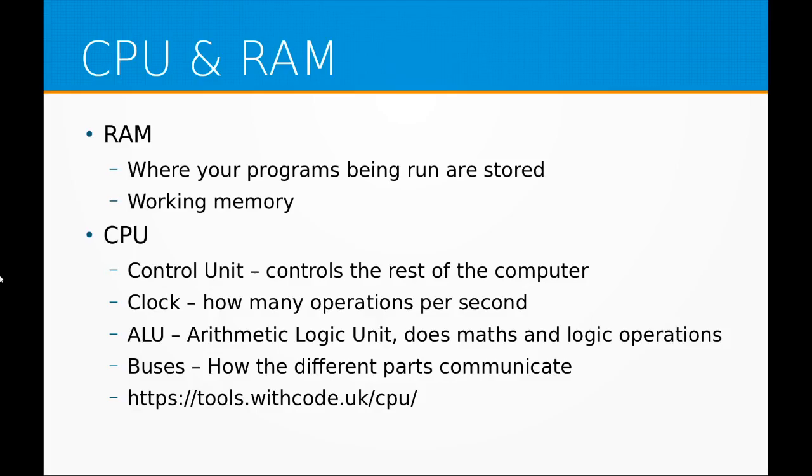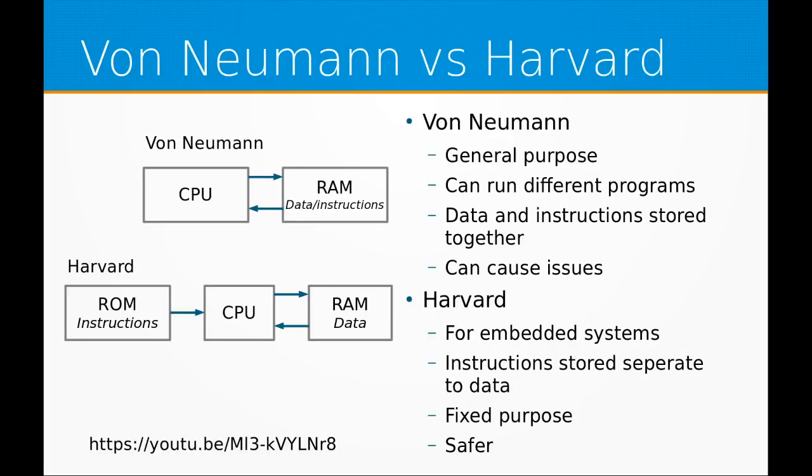Okay, so we mentioned the CPU and the RAM. And what we're concerned with at the moment is the von Neumann architecture. A quick note on that whilst we're on it. There's a YouTube link there, and I'll send that over to you as well.